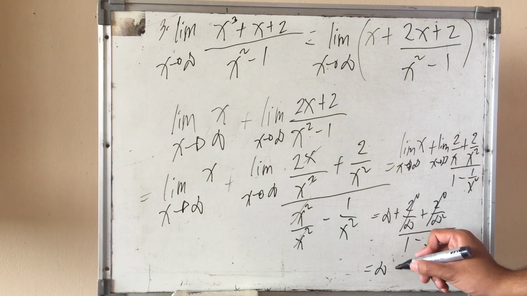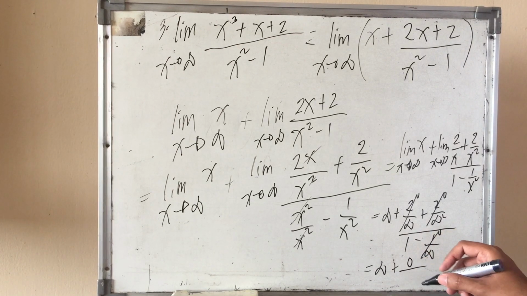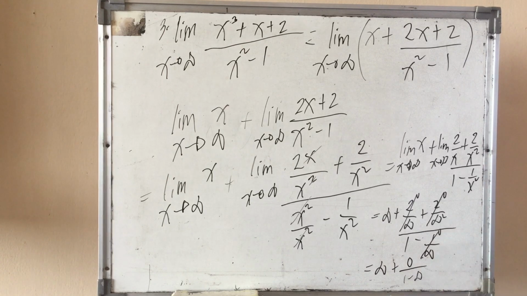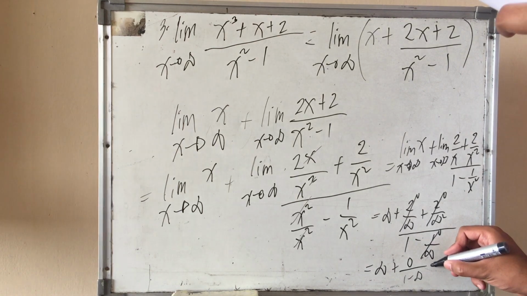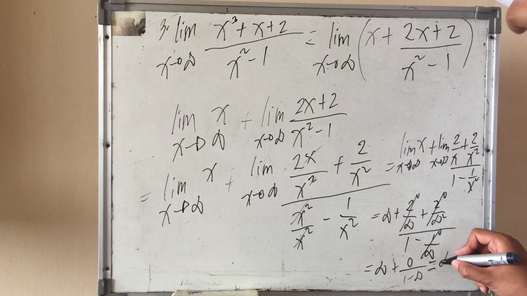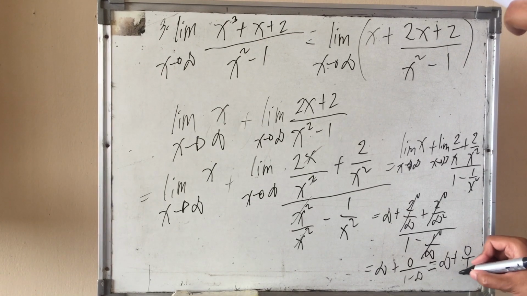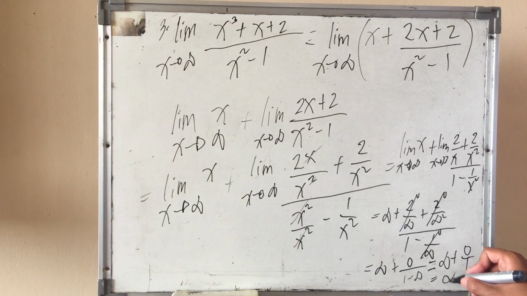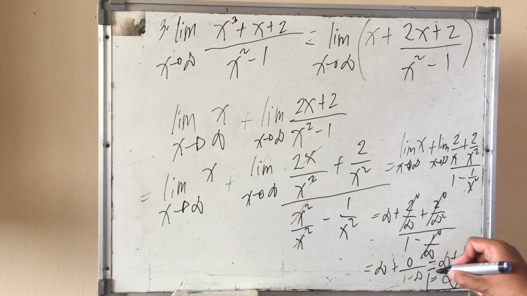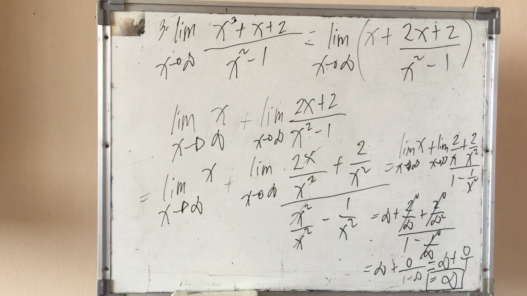So infinity plus 0 over 1, which is equal to infinity. So our answer for the limit of (x³ + x + 2)/(x² - 1) as x approaches infinity is equal to infinity.